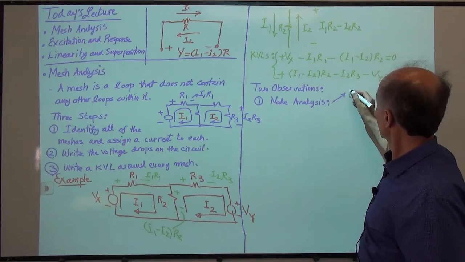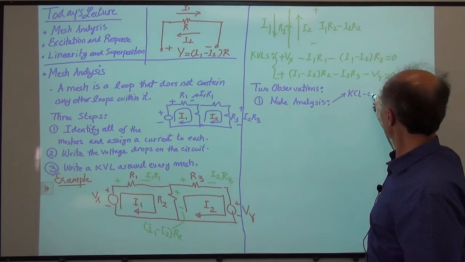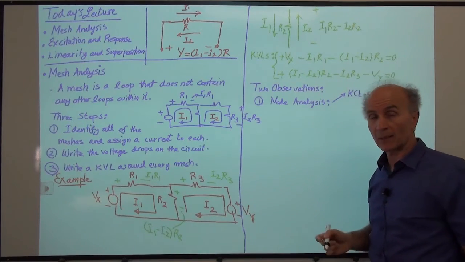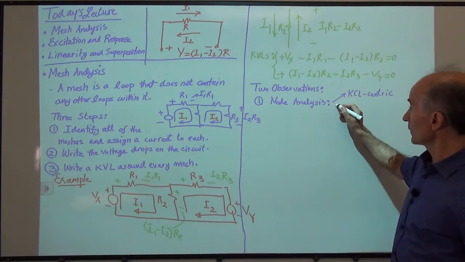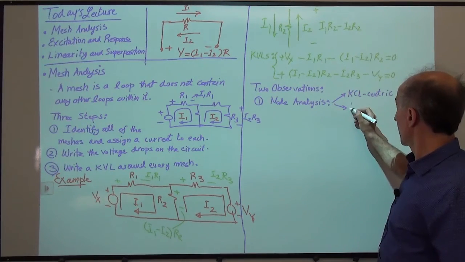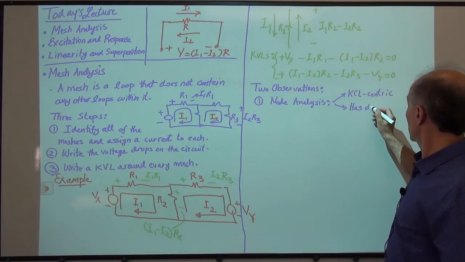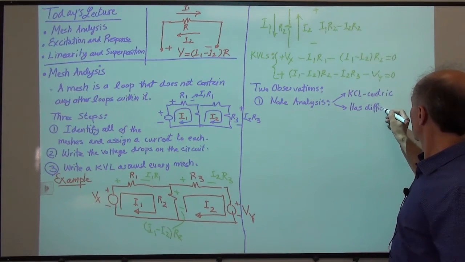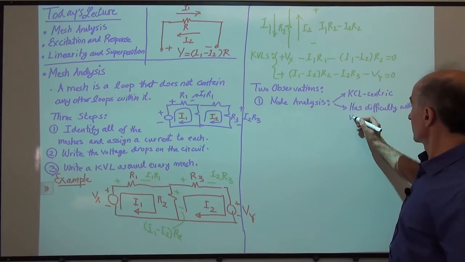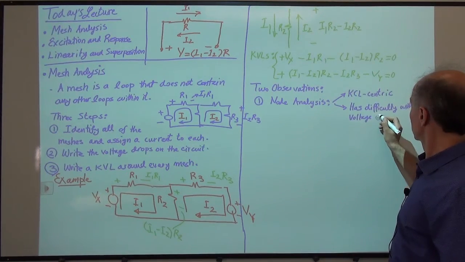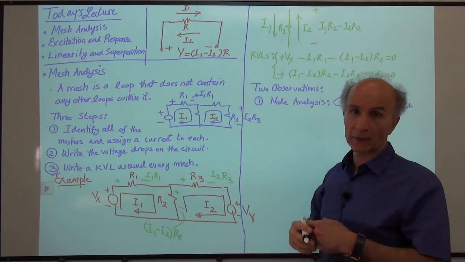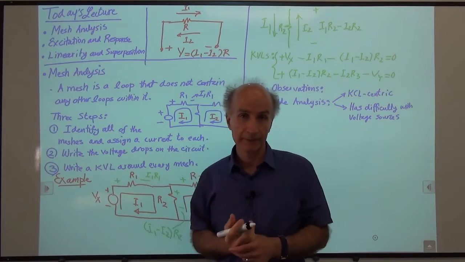We keep writing KCLs to the extent that we can. And we also saw that it has difficulty with voltage sources. Once you had a voltage source, we had to define a supernode and all that.